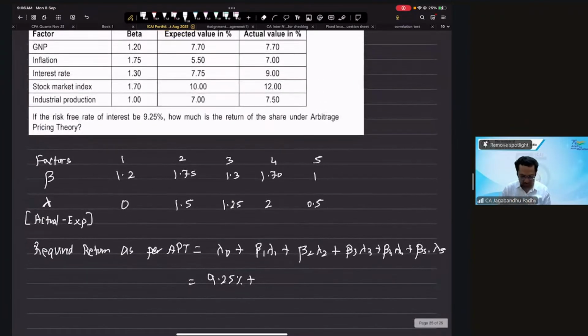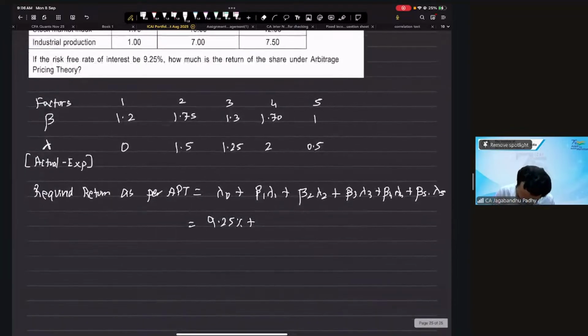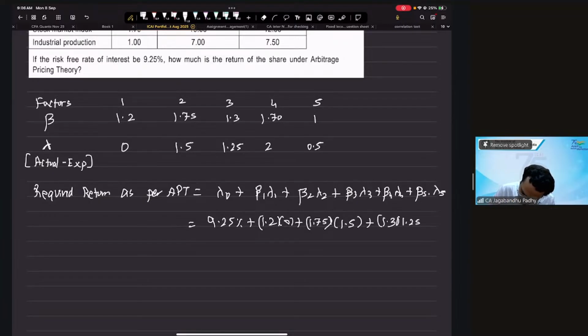So lambda 0 is 9.25% plus beta 1 is 1.2 into lambda 1 is 0. Beta 2 is 1.75 into lambda 2 is 1.5 plus beta 3 is 1.3 into 1.25 plus 1.7 into 2 plus 1 into 0.5.